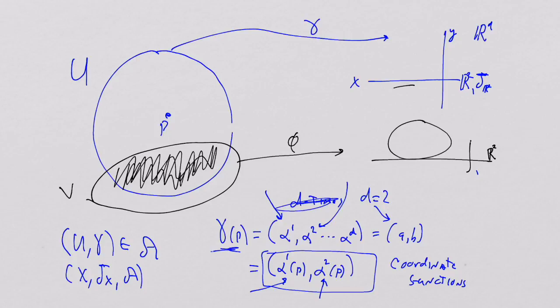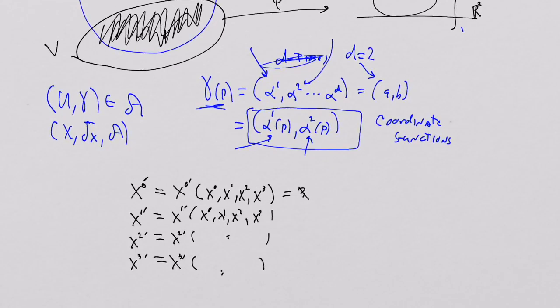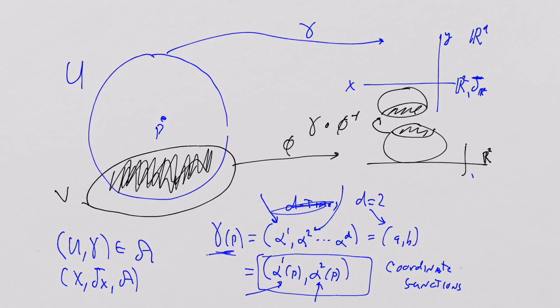And these regions are going to have their transitions, in this case phi inverse composed with gamma. So what we're talking about is that one of these is called the new and one is called the old, and the transition changes the relationship from new to old. However, this transition function takes a d-tuple from this Euclidean space and gives you a d-tuple in this Euclidean space.